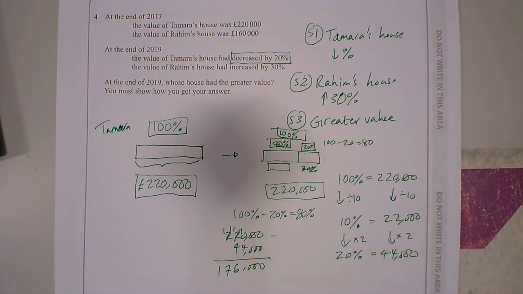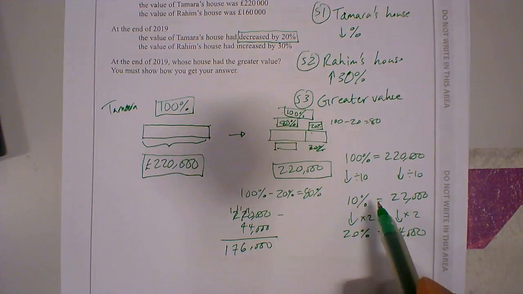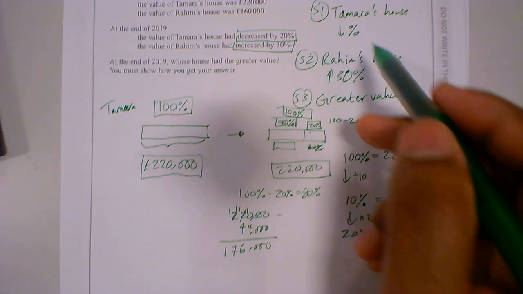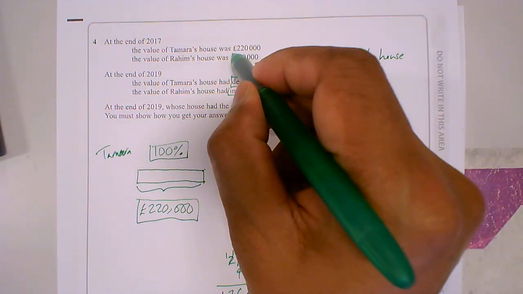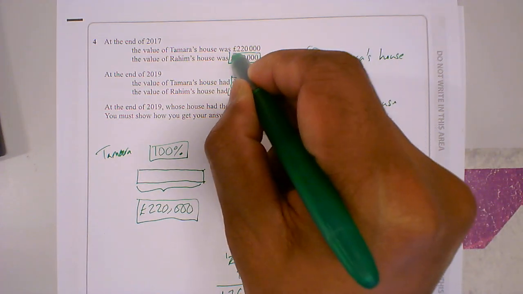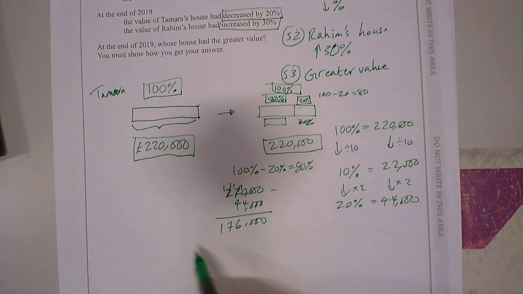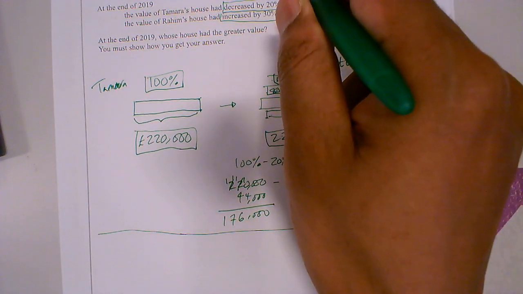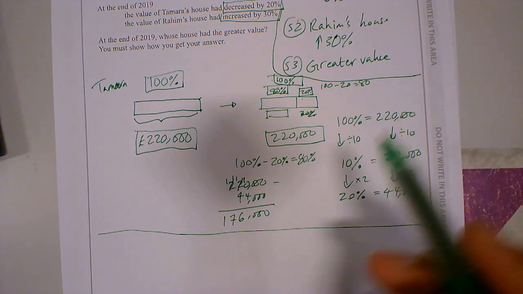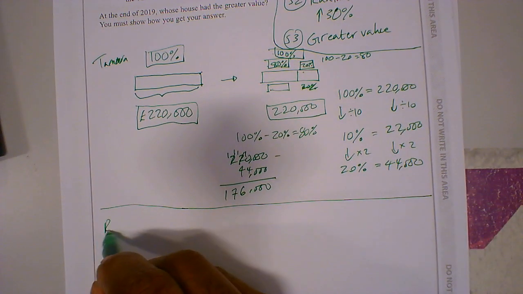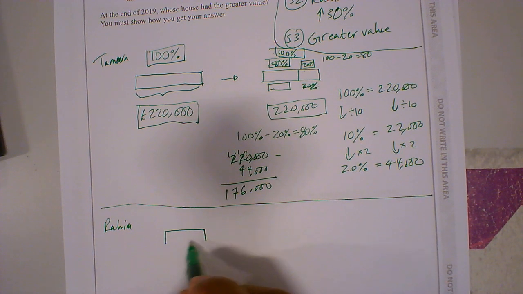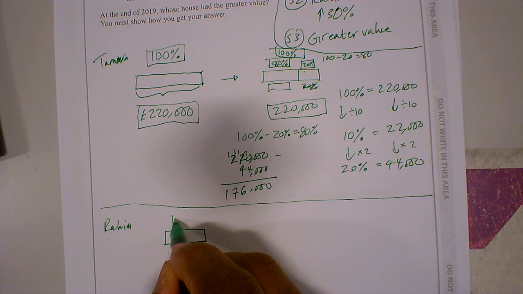In a similar way, I now need to do Rahim. Rahim's house has increased by 30%, and Rahim's house is 160,000. Well, I've got Rahim, and I'm going to use my bar model again, so this is 100%.